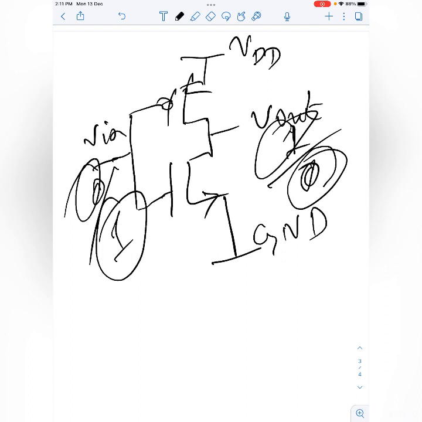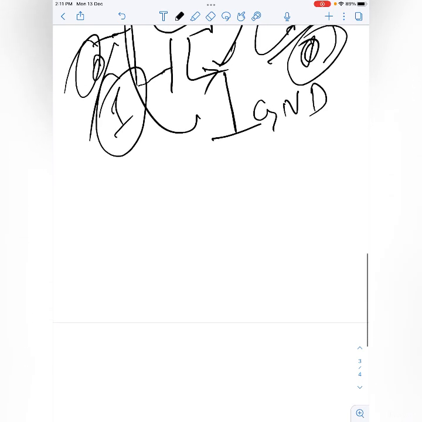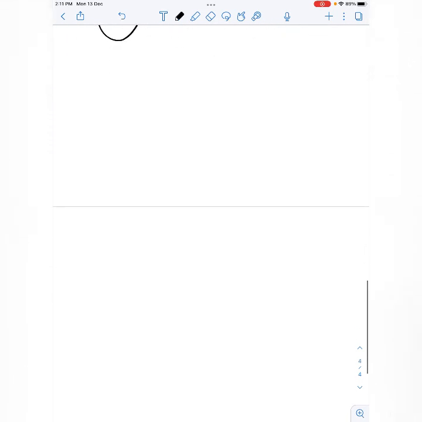The first question which comes to our mind is, why can't this PMOS be the pull-down or this NMOS be the pull-up? The explanation lies in the physics of the semiconductor. Let me draw this NMOS horizontally.